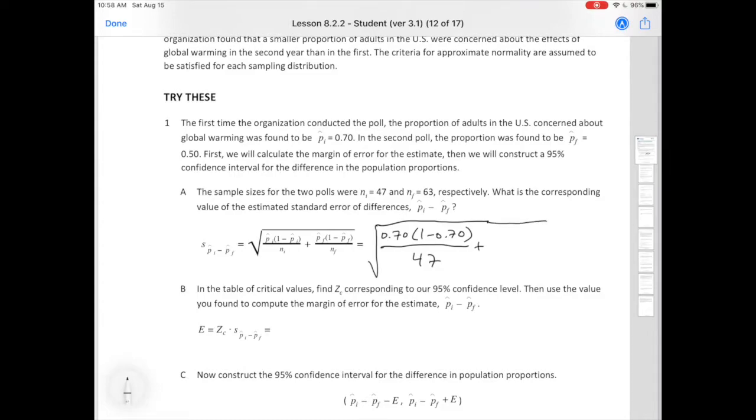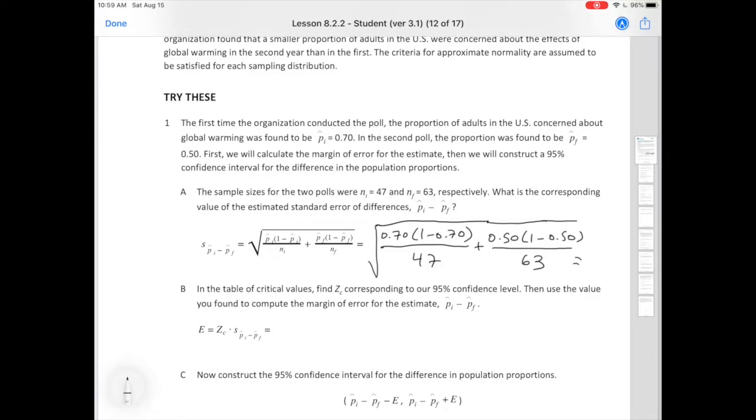And then for p̂_F, we have 0.50 times 1 minus 0.50, and then you divide that by 63, because that's how many people were in that sample.